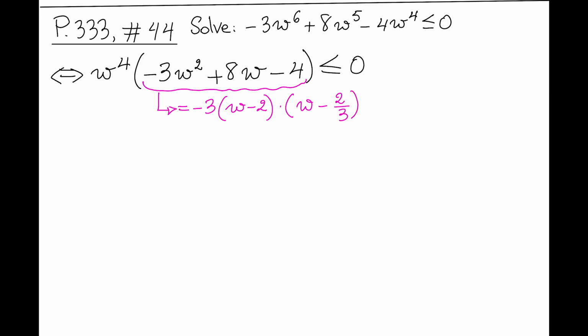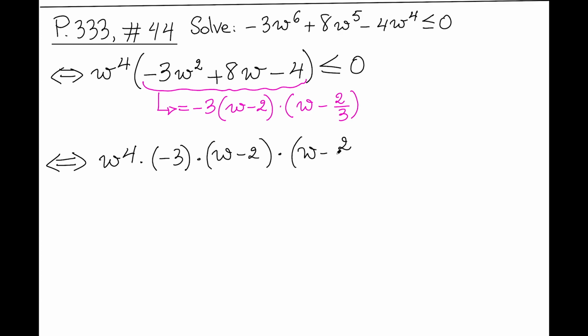So the inequality that we have is now the same as saying I want to solve w to power 4 times negative 3 times w minus 2 times w minus 2 over 3 less than or equal to 0, which is a product of how many factors this time? 1, 2, 3, 4.